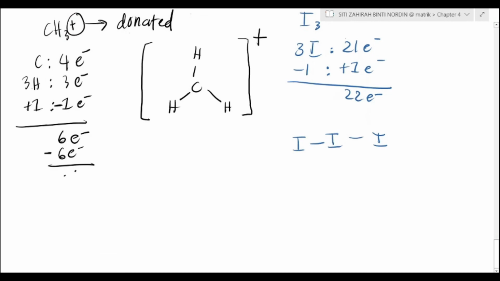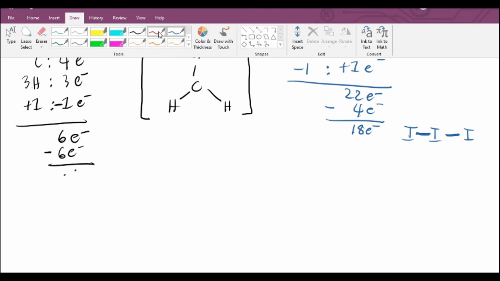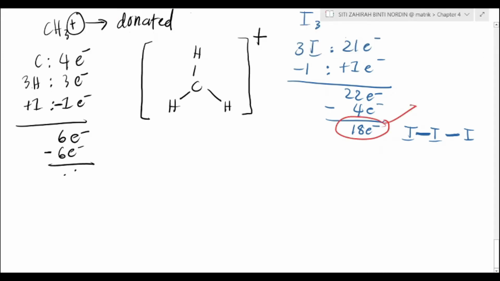Okay, now fill in. So 22 electrons minus how many bonding pair electrons? 2, 4. 4 electrons. So 22 minus 4 would be 18 electrons. So these 18 electrons, you should distribute around the terminal atoms for them to achieve octet.